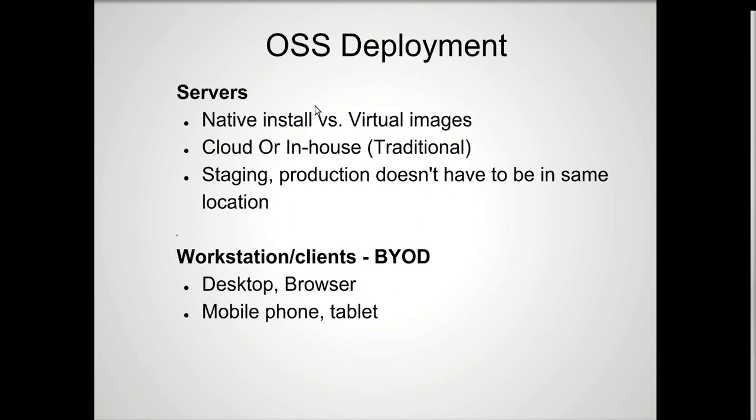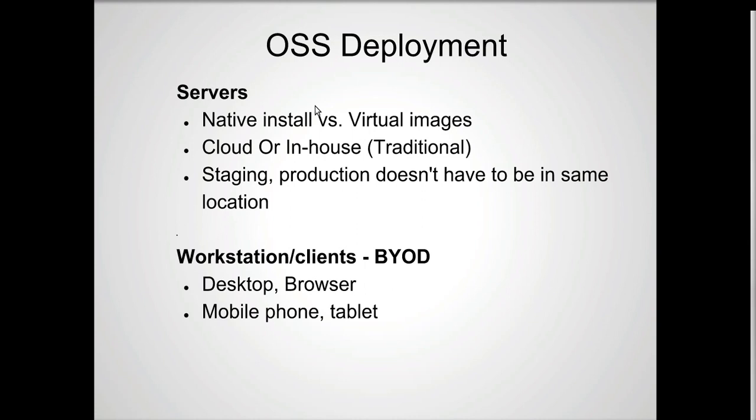On the server side, it's a little bit different. We're also moving towards platform independence, but we can also have different alternatives in terms of how we're going to deploy those servers. So the actual installation itself can be a native installation or a virtual image. With open source software, that type of thing is available.